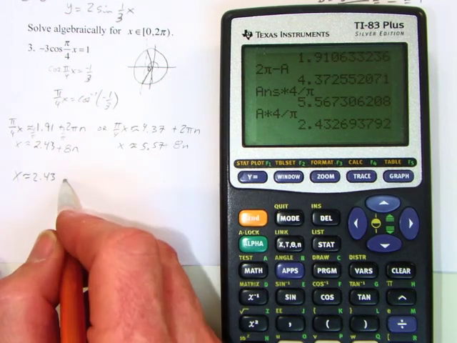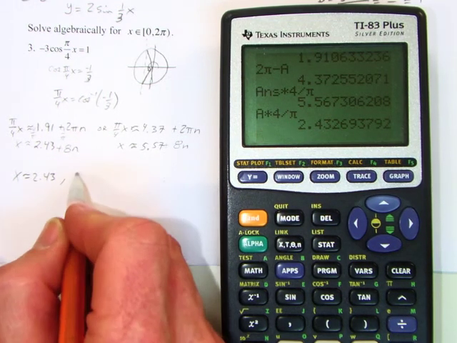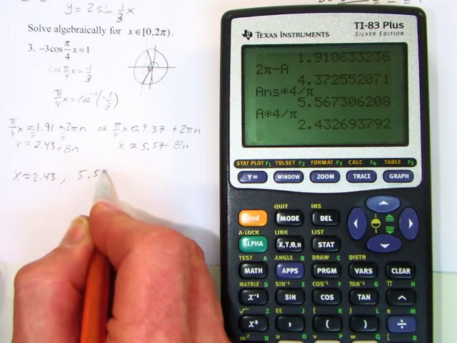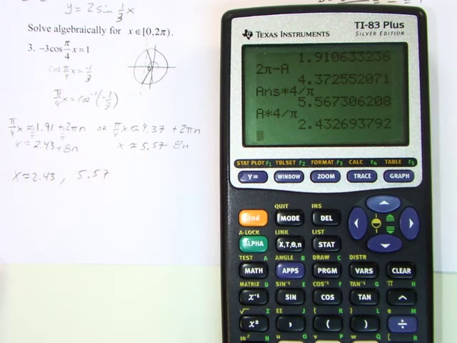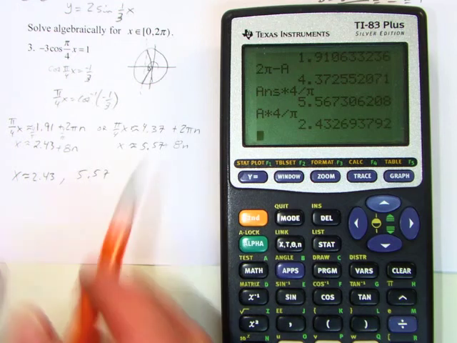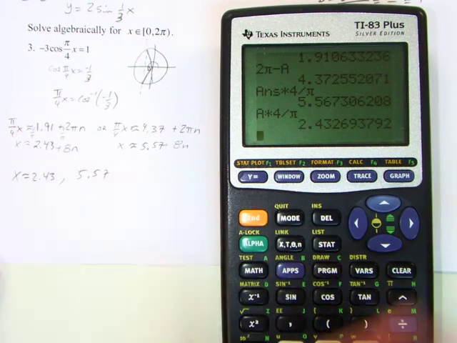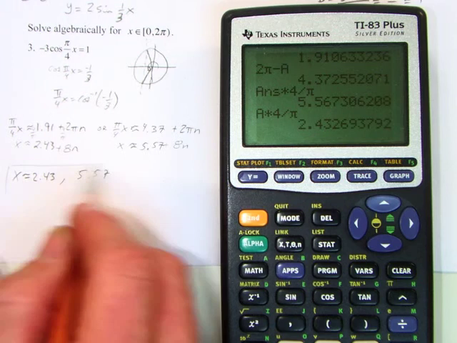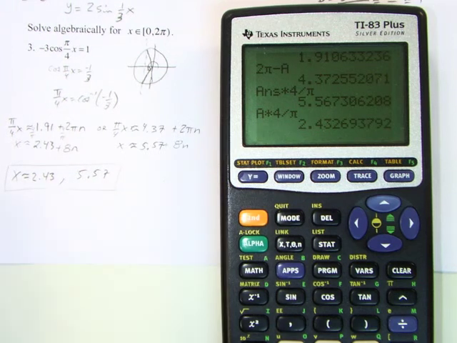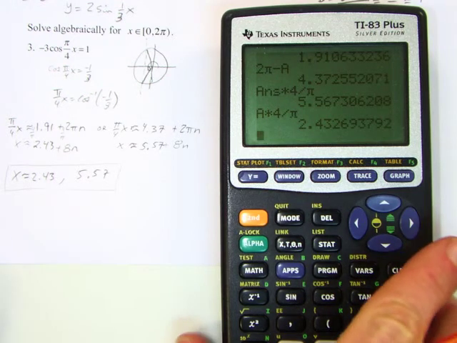I only have one solution from this. Similarly, I'll get 5.57, but if I add 8, I'm outside of my domain 0 to 2 pi. That's not going to work. And if I subtract it, it'll be negative. That won't work. So in this particular one, I only have the 2 solutions, but I need to make sure I've included that 2 pi n and check to see that it does work.